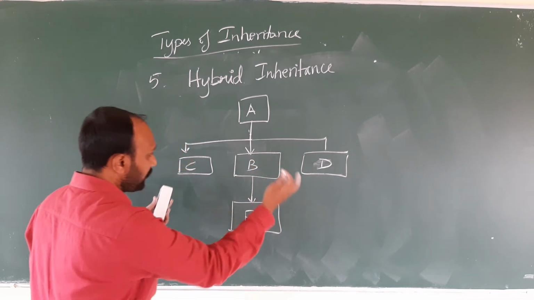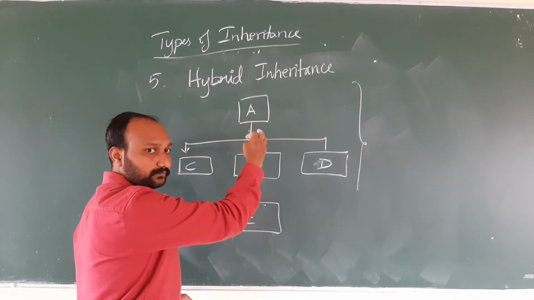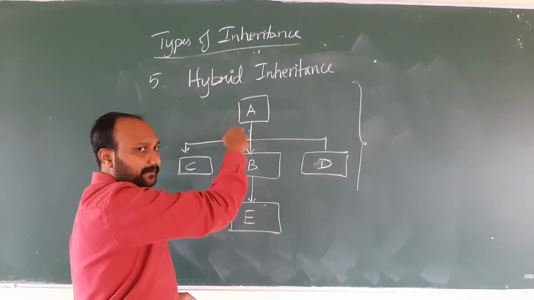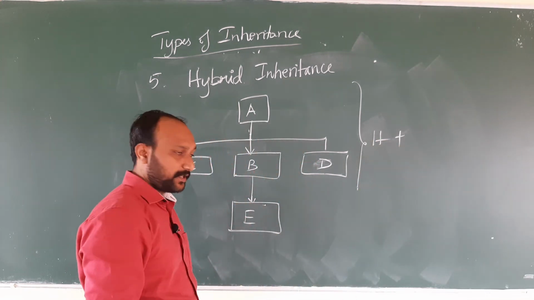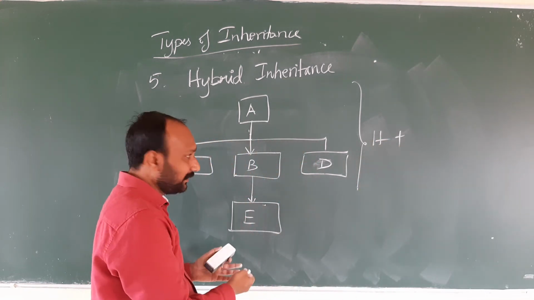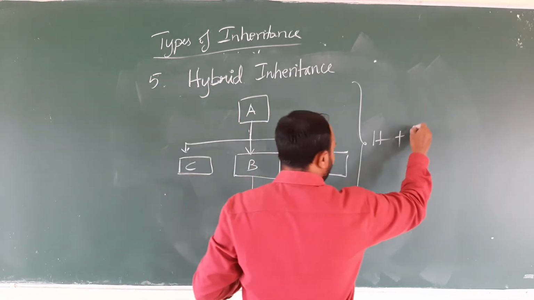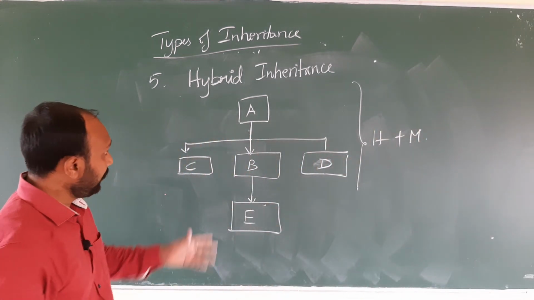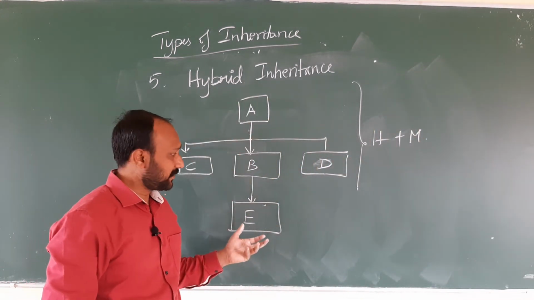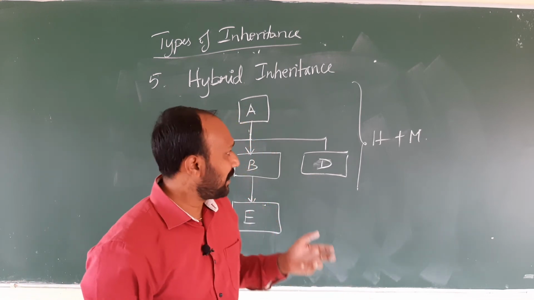Then here you can observe we have gone with hierarchy, a set hierarchy, and along with that we are also noticing there are different levels. So again here is multi-level. Hybrid inheritance is made up of two types of inheritance, hierarchical inheritance and multi-level inheritance.